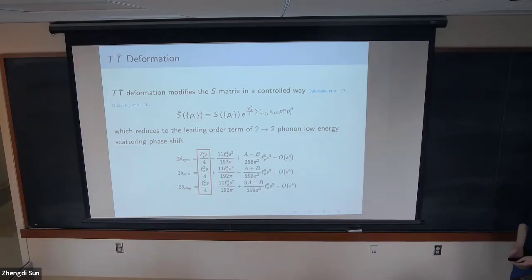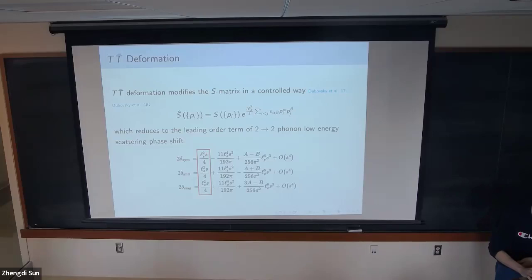The TT-bar deformation modifies the S matrix in a controlled way, in that it only dresses the S matrix by this integrable phase shift. So if you start with a theory without the integrable phase shift, we can use the TT-bar deformation to plug back in this phase shift.